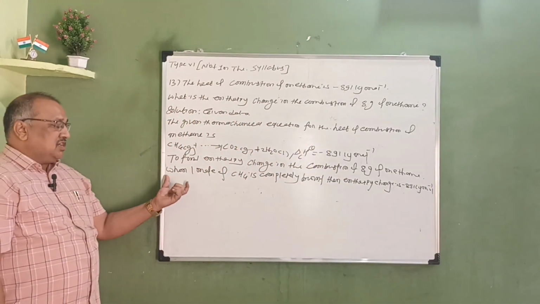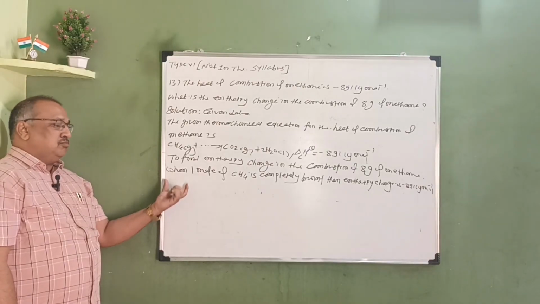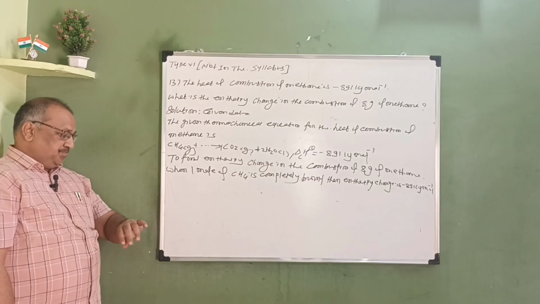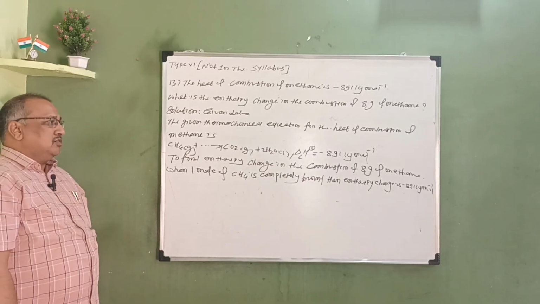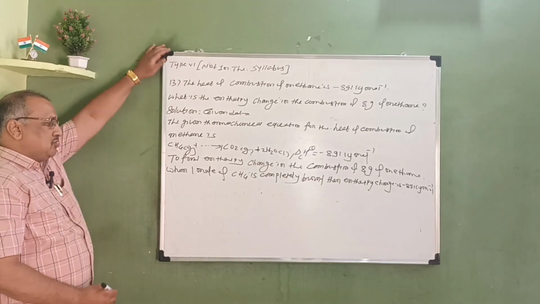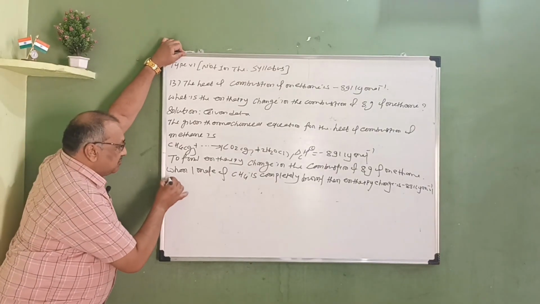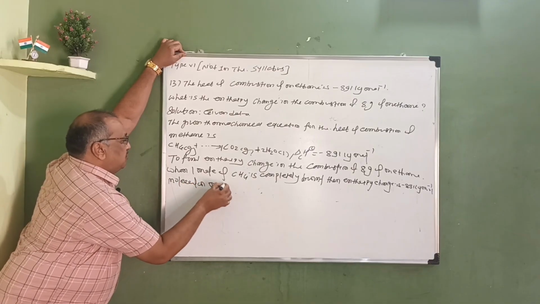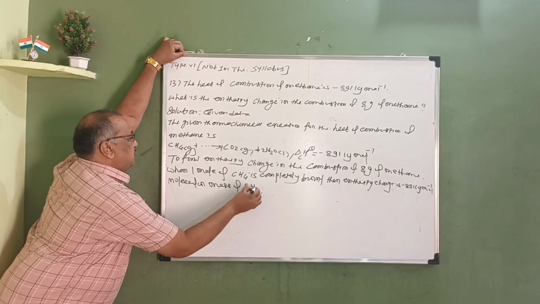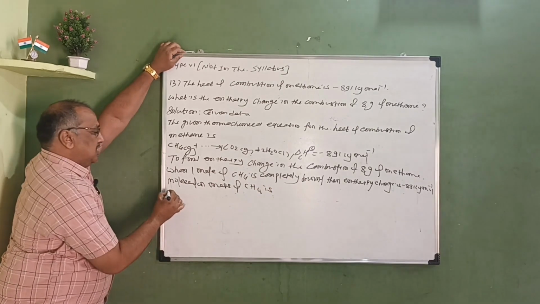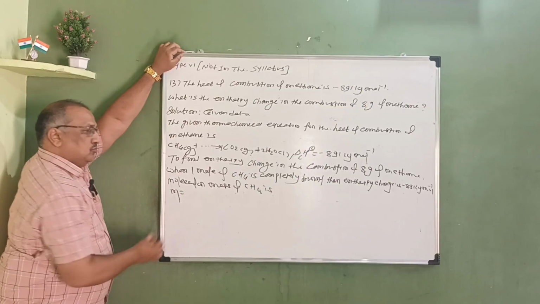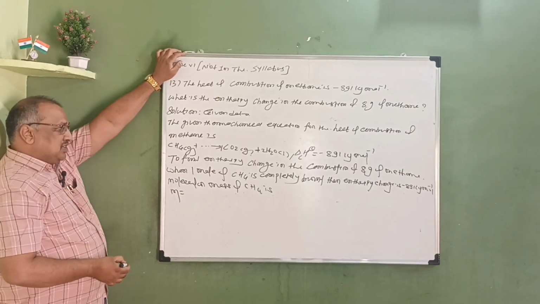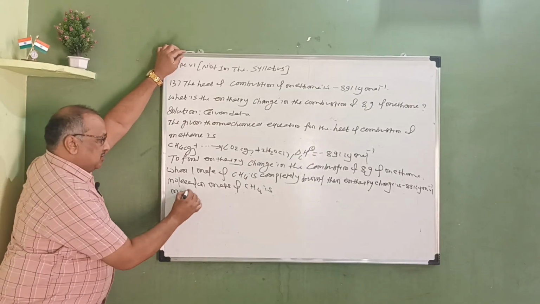Now convert this 1 mole into gram. For this purpose, let us find out the molecular mass of methane. That means here molecular mass of CH4 is M equal to, what is the atomic mass of carbon? 12.